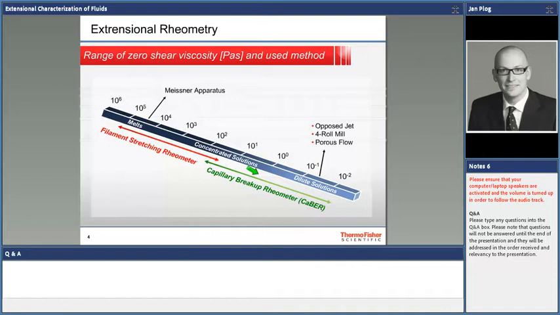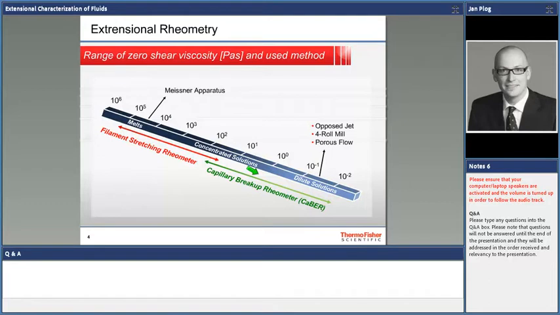12 years ago now. A professor from Russia, Professor Entov, that some of you might have heard about from papers in that field, had the first ideas coming to the CaBER and how that looks like. I'm going to show you in a second. And he worked on that with Professor McKinley from MIT in Boston.